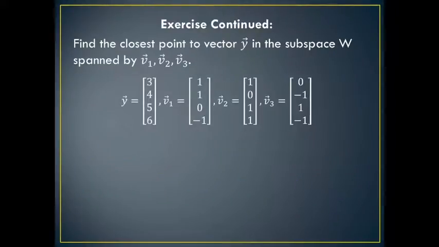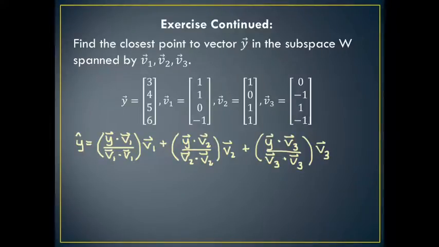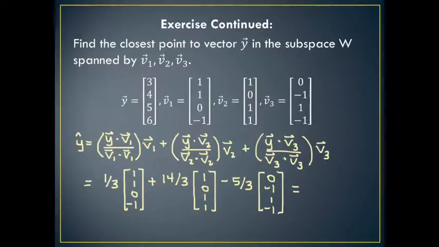Okay. Now we want to find the closest point to vector y in the subspace W. So we're going to use the formula for y hat. It's y dot v1 over v1 dot v1 times vector v1 plus y dot v2 over v2 dot v2 times vector v2 plus y dot v3 over v3 dot v3 times vector v3. Okay, let's plug it all in. So we have 1/3 times vector v1 plus 14/3 times vector v2 minus 5/3 times vector v3.